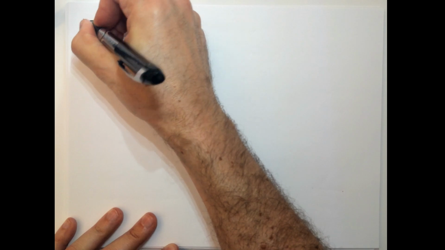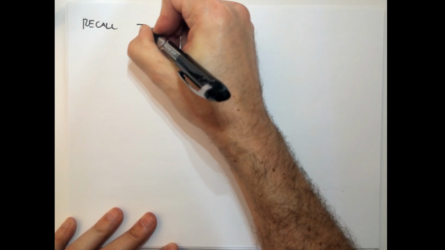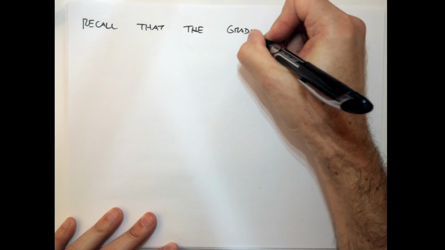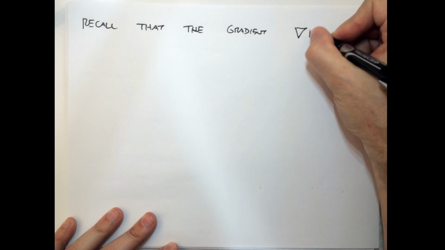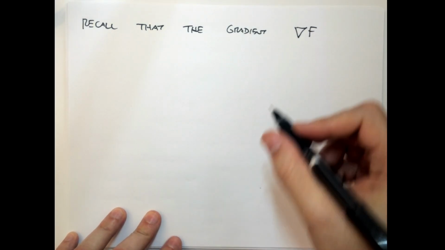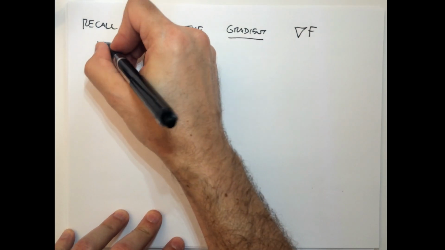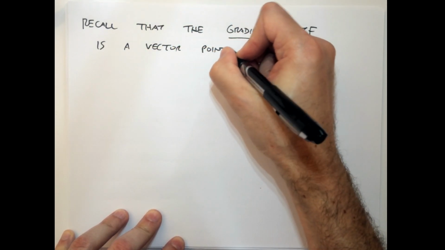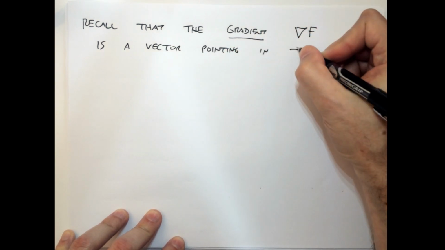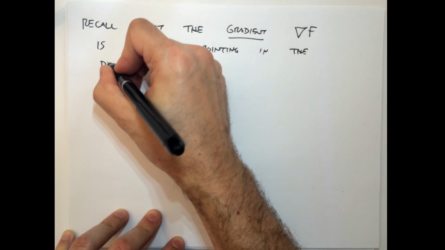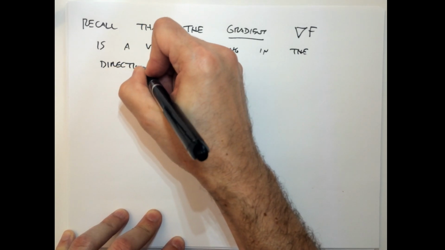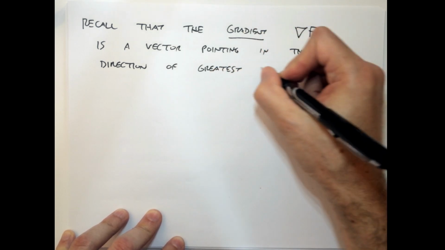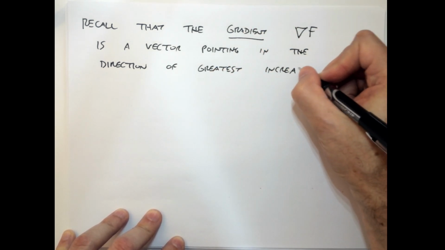So recall that the gradient, which we have this notation for, is a vector pointing in the direction of greatest increase.